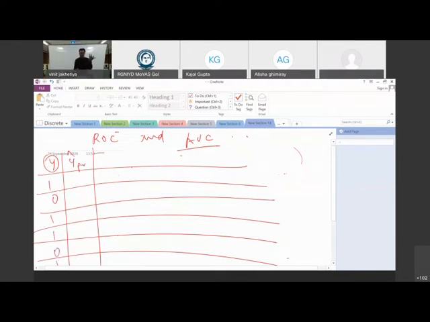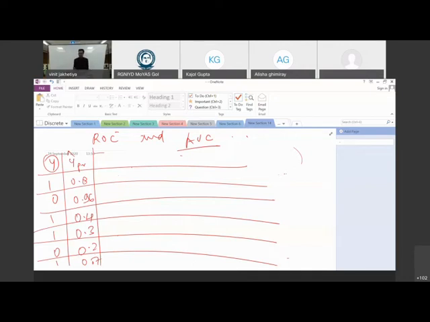Y predicted has some random values: 0.8, 0.96, 0.4, 0.3, 0.2, 0.7. These are the output of your machine learning model, and I already told you that in classification, the output is in terms of probability.